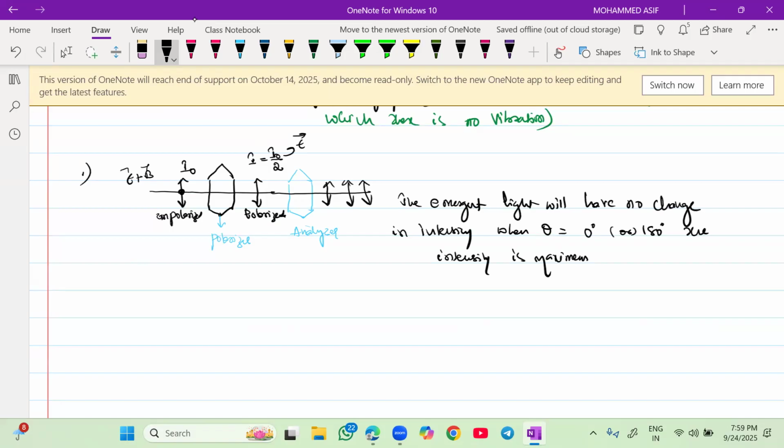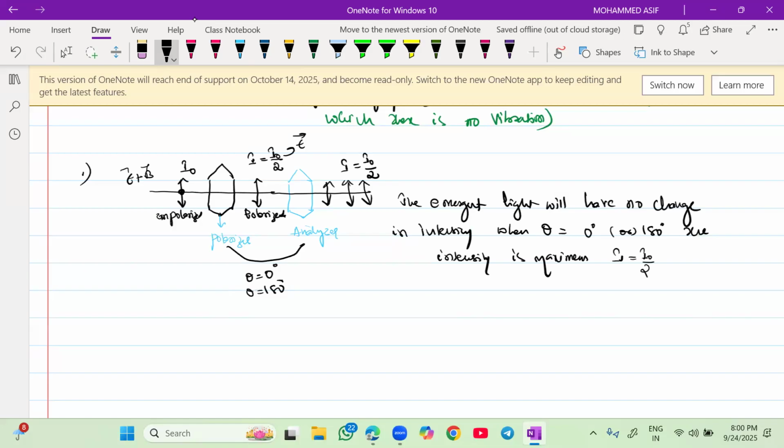How much is that? The value will be I naught divided by 2. That means the angle between polarizer and analyzer must be either theta equals 0 degrees or theta equals 180 degrees. Then the analyzer says that the light has been completely polarized. Am I clear with this one? So here also the intensity will become I = I naught divided by 2.